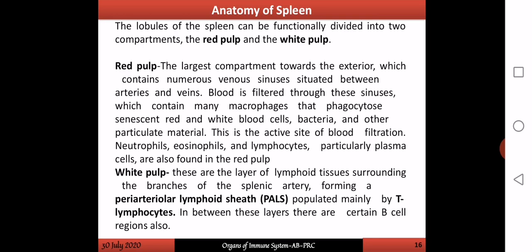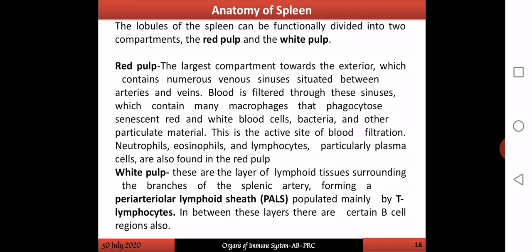Now moving into the white pulp. This is actually the internal portion. This is the site of lymphoid tissues which are surrounding the branches of the splenic artery. Arteries are the blood vessels which are coming into the spleen.